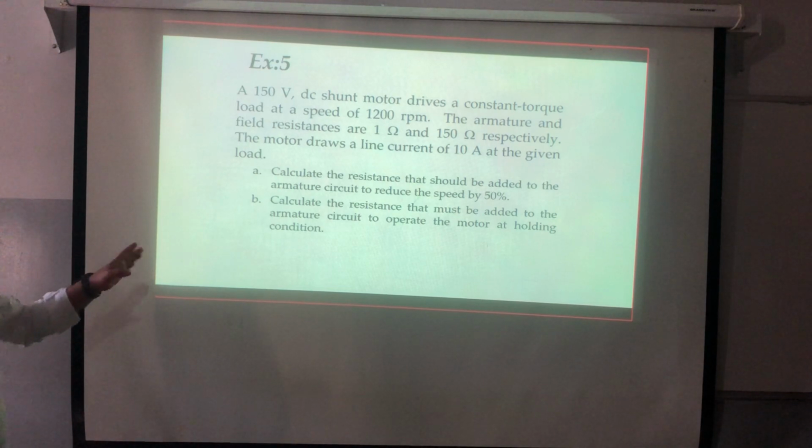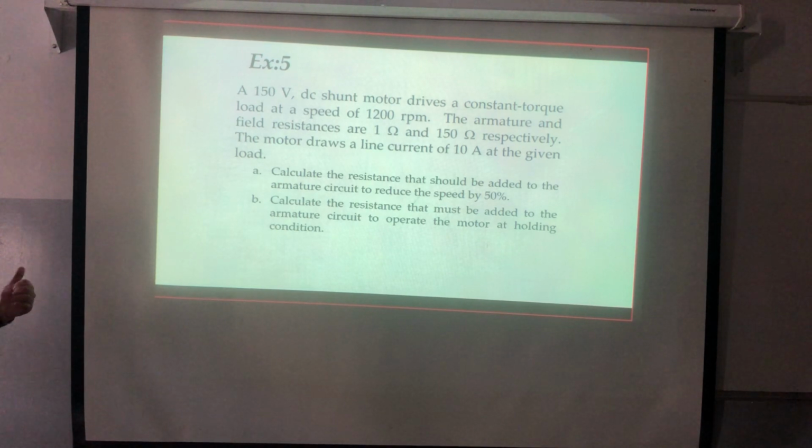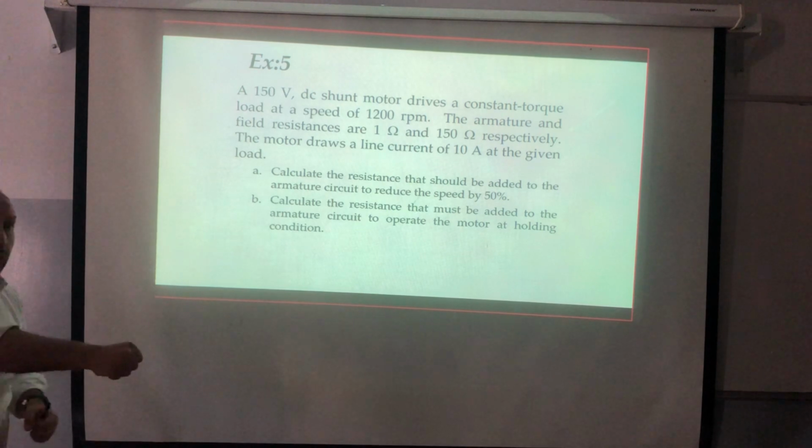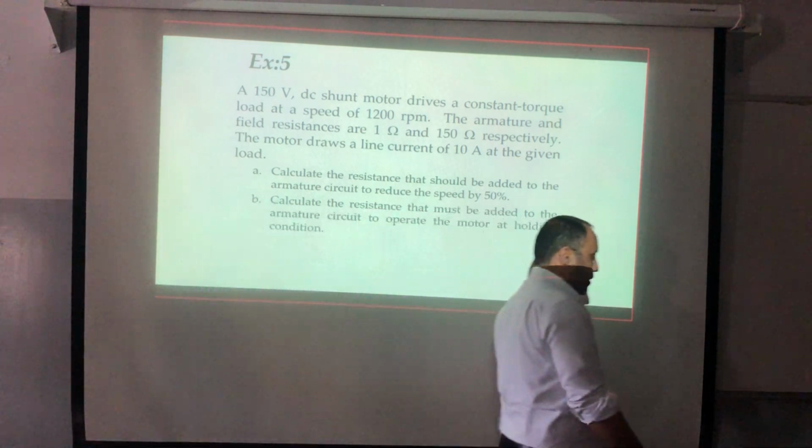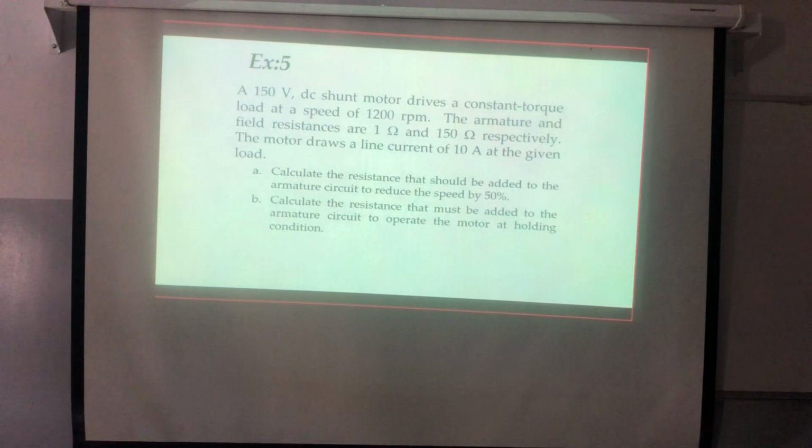I need to calculate this resistance. Then I need to calculate another resistance that if I put it, I will get the hold condition. So the first thing I need to calculate is IA. IA equal to what?